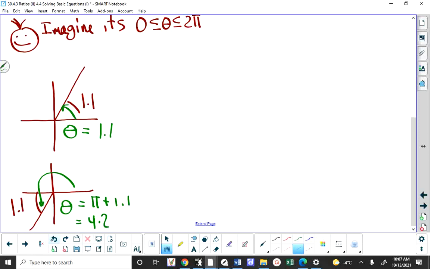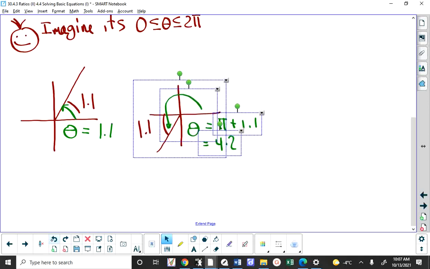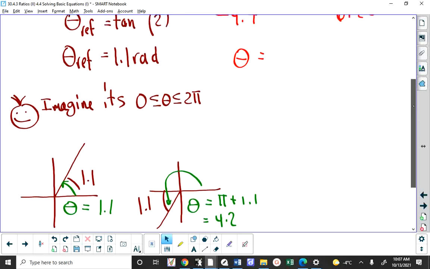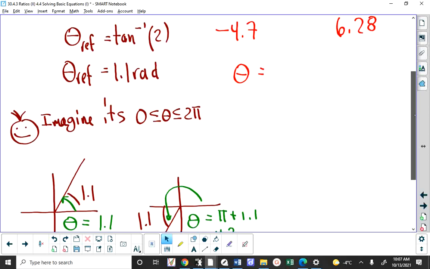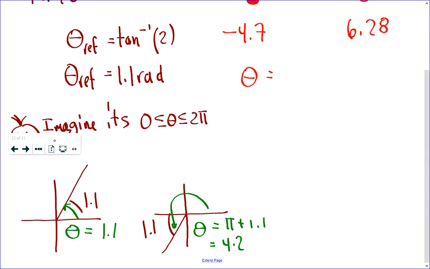Okay. So now we are going to start with this rotation angle of 1.1 on the left of the bottom of the screen. And it's theta, it's not a reference angle.